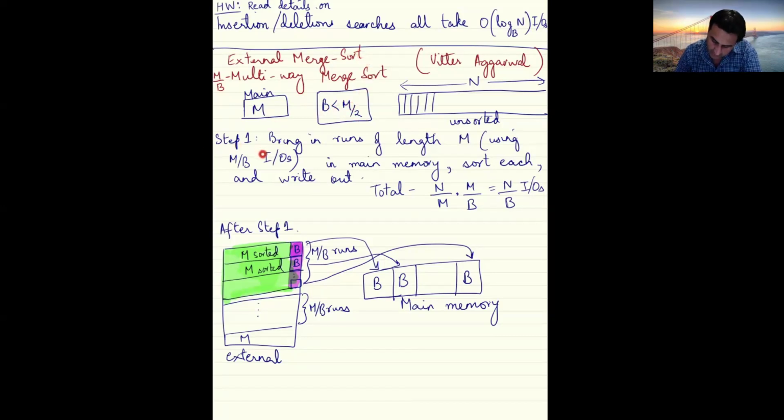So in step one, what we will do is we will bring in runs of length M. So when I say a run of length M, I mean you have your data N, right? Bring in every chunk of size M into your main memory and you sort it. And that sorting cost in main memory we don't count. So how many IOs do I do to bring in a chunk of size M into main memory?